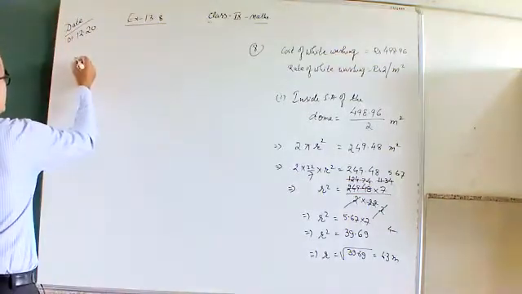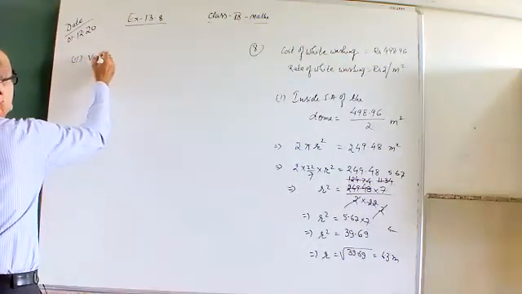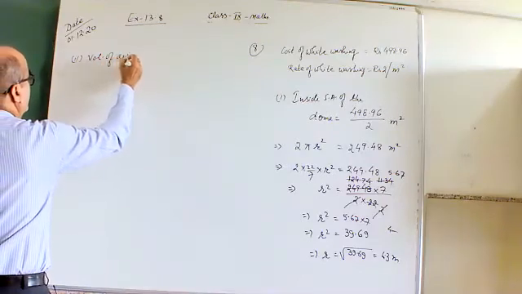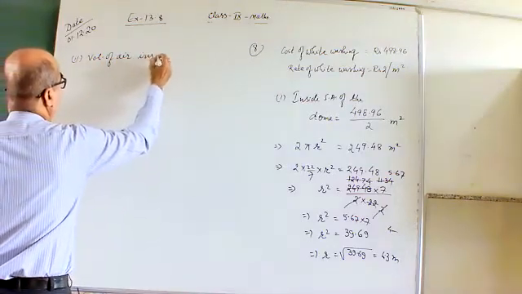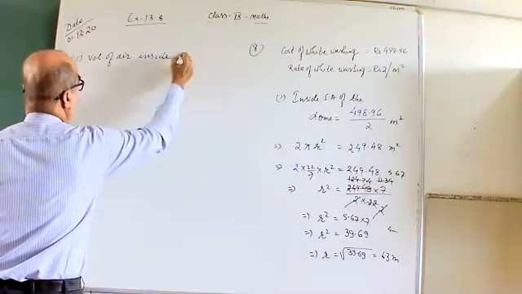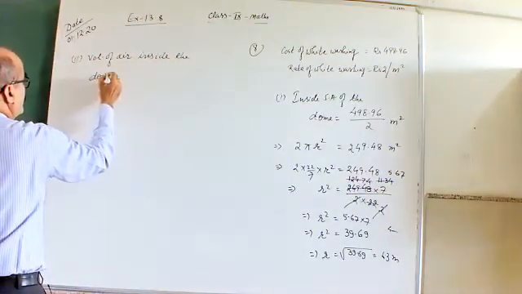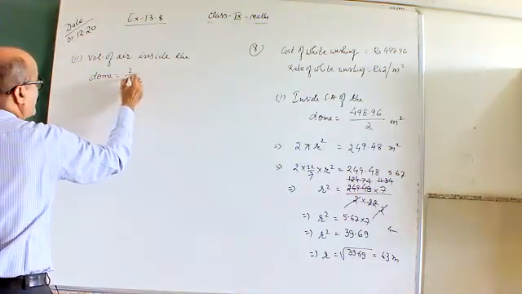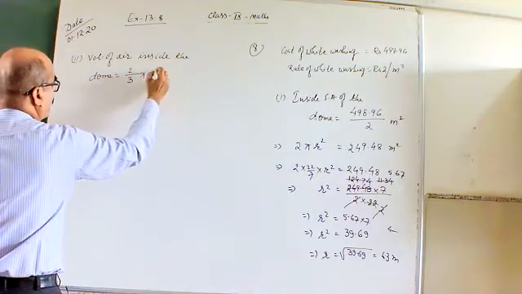Second part is volume of air inside the dome will be equal to volume of hemisphere, that is 2 by 3 pi r cube.